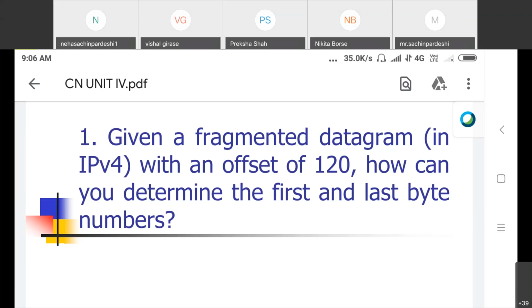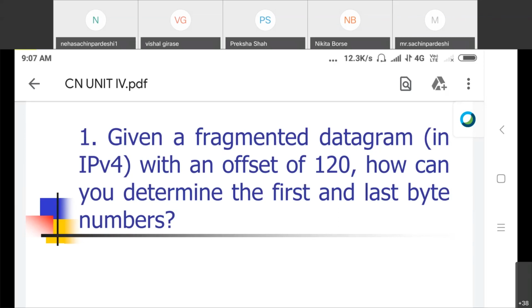Given a fragmented datagram in IPv4 with an offset of 120, how can you determine the first and last byte numbers? We have seen how the offset value is calculated. The offset value is calculated as the first byte number divided by 8.